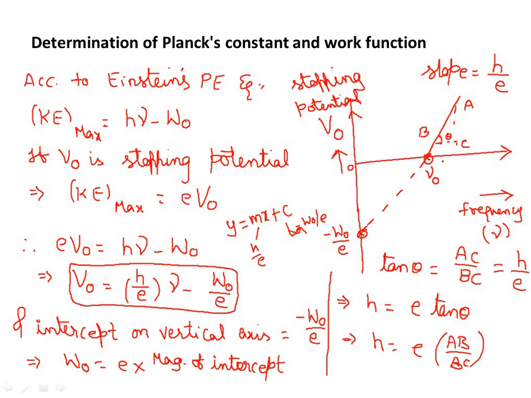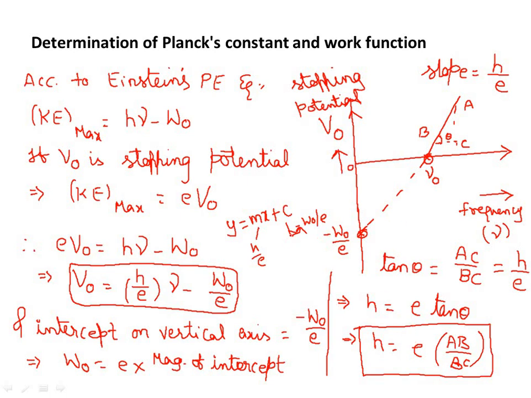There we observed that for all the different metals, all the graphs are inclined at the same angle, so their slope will obviously be the same. Hence h equal to e of AB by BC will always be a constant, and thus Planck's constant is a standard value, 6.62 times 10 power minus 34 joule second.